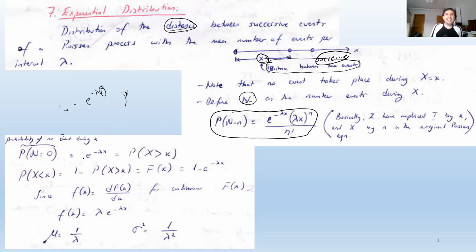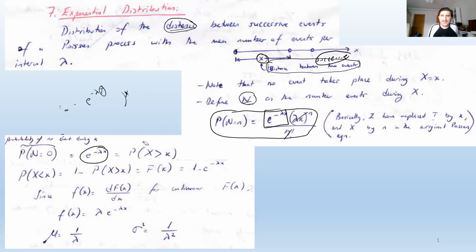Therefore, n is equal to 0. So we are searching for the probability that n is equal to 0 during this x. And if you just put n equals 0 here, this factor is going to be equal to 1, and we just end up with exponential of minus lambda x.